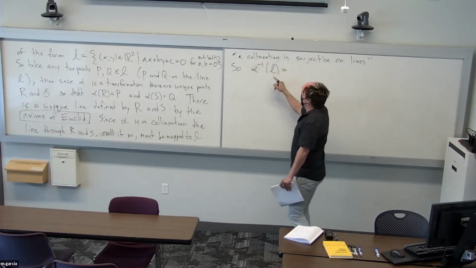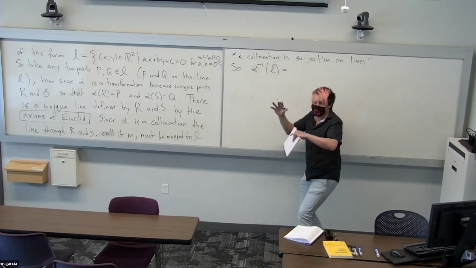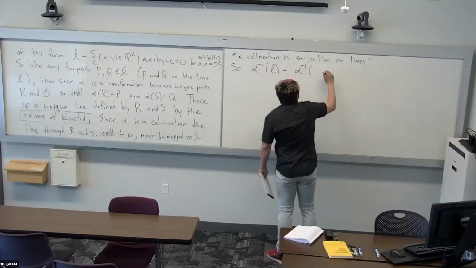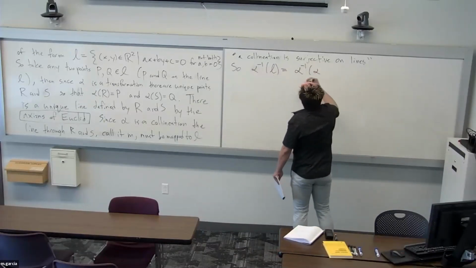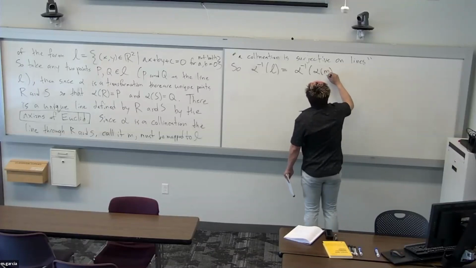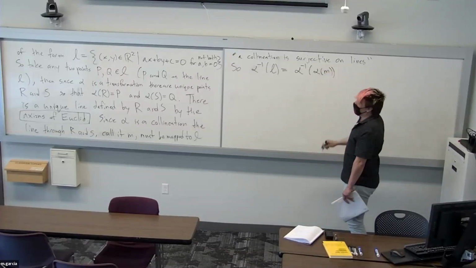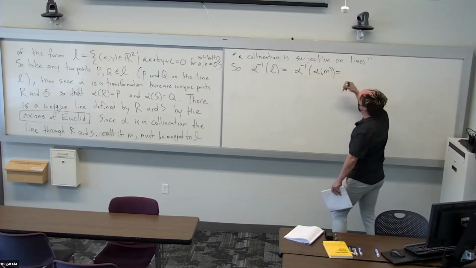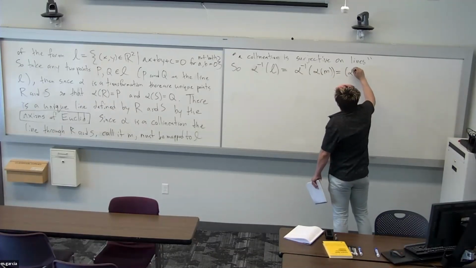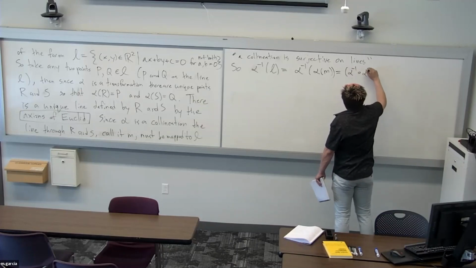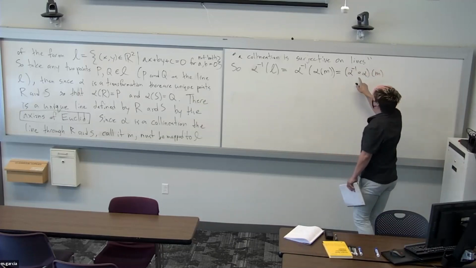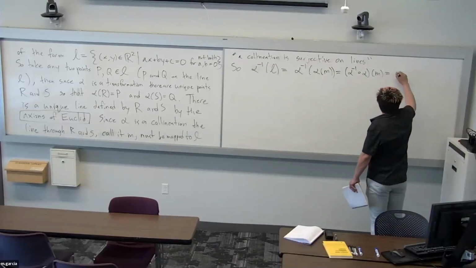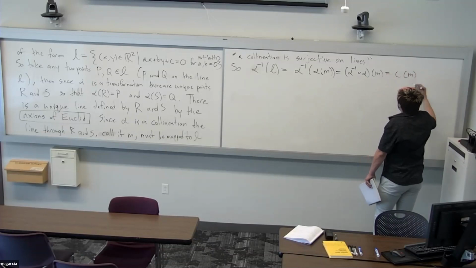Let's appeal to the points. What is L? It's the image of M. Alpha inverse of alpha of M is the same as alpha inverse composed with alpha of M. This is iota. Iota does nothing.